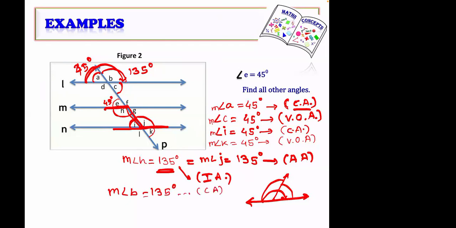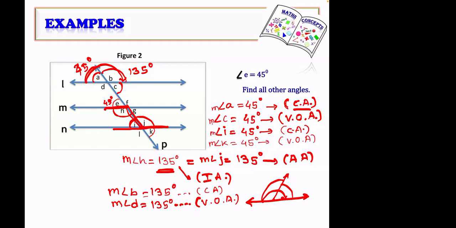And measure of angle D will be again 135 degrees. We can write the reason as vertically opposite angle. Okay. Now, Ayush, tell me the remaining ones. Which ones are remaining? A, B, C, D, E we know.